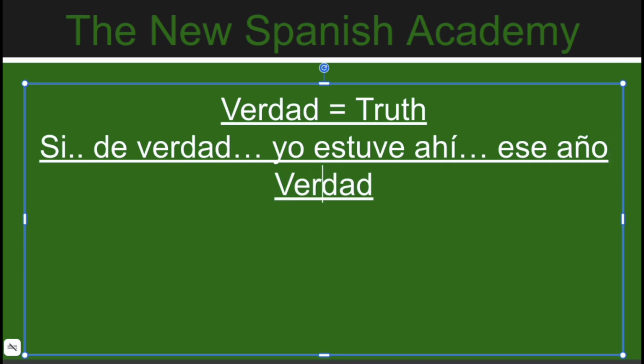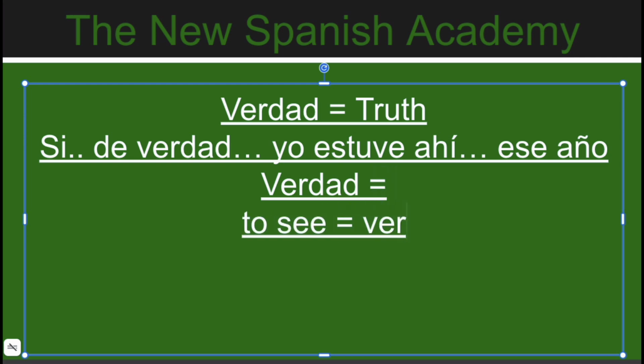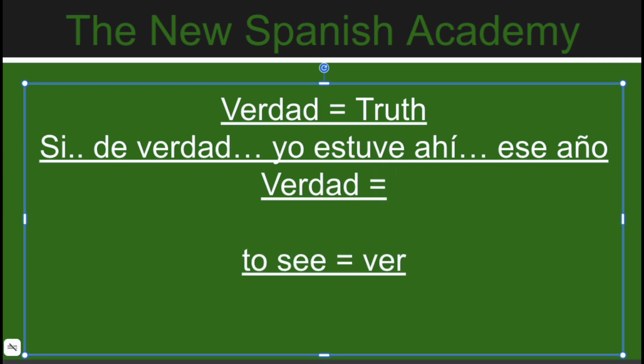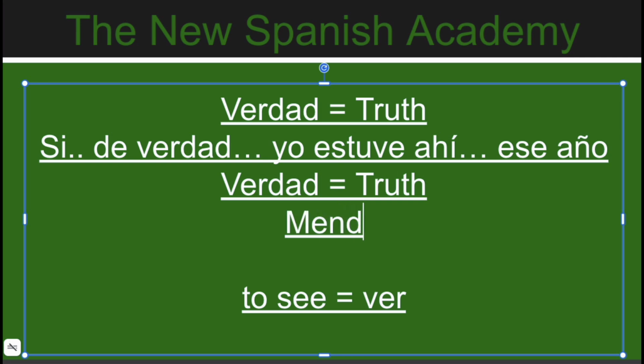If you say verdad, it means truth. All right. Okay, so to see means ver. All right, now there we have it. And yeah, verdad is truth. And we have mentira, which means lie. All right, it means a lie.